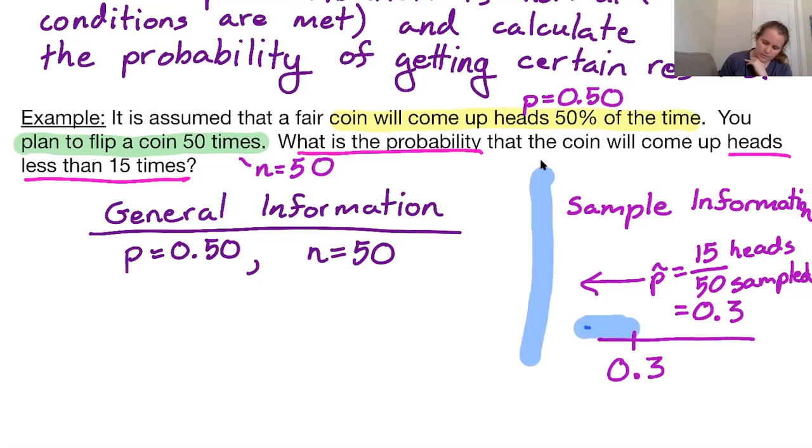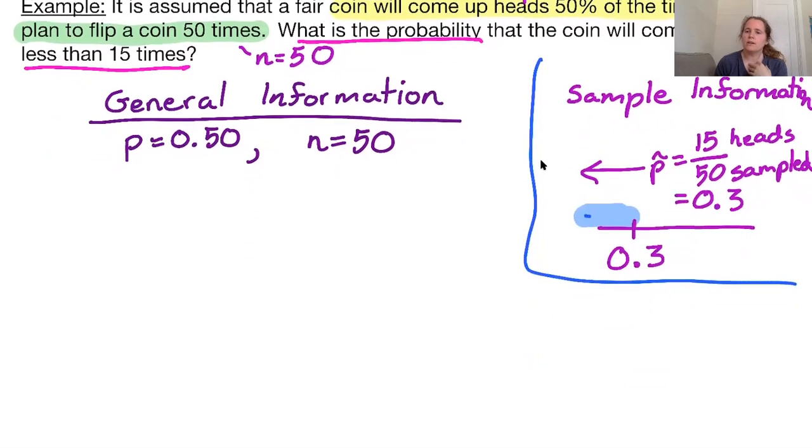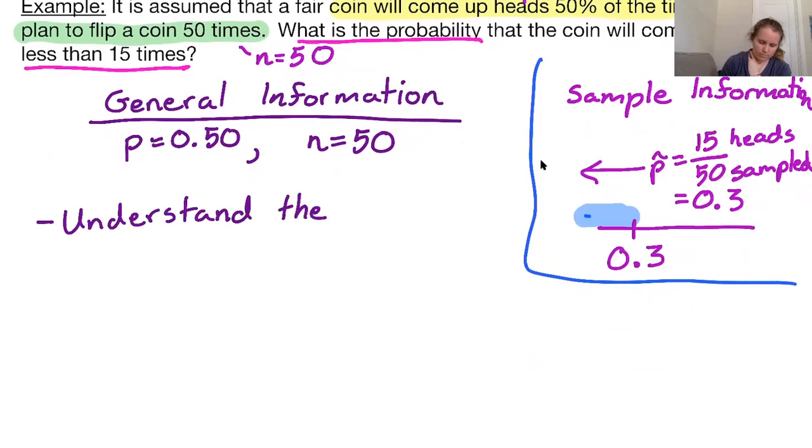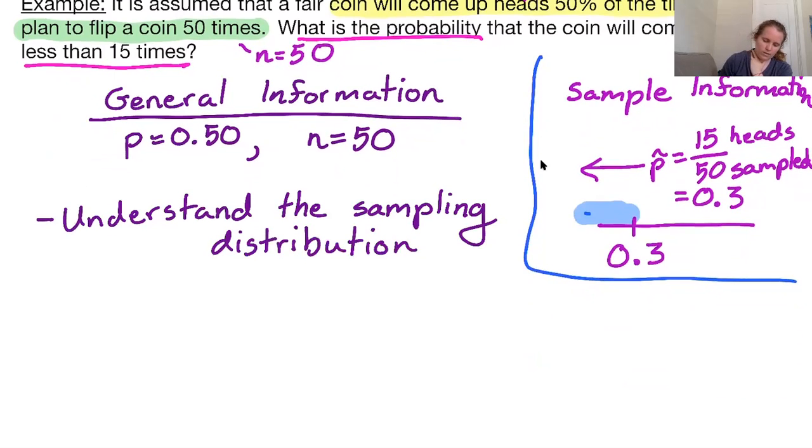So the first thing we need to do is understand our sampling distribution. So we need shape.